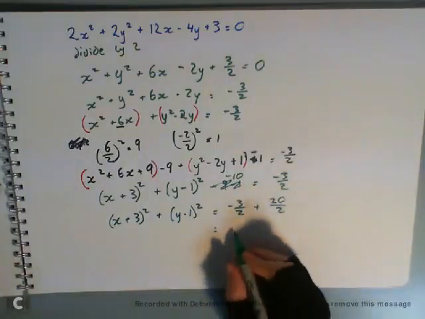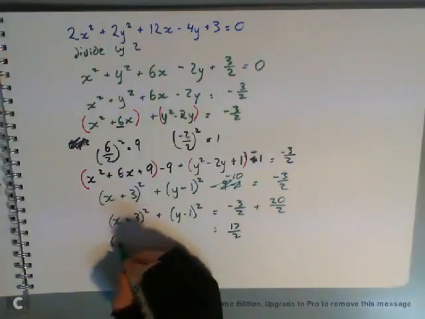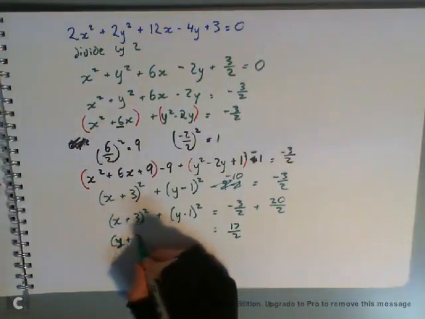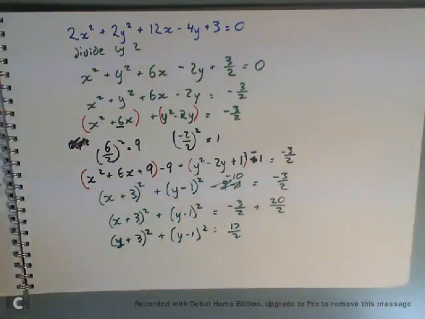Minus 3 plus 20 is 17 on 2. So there's my equation. X plus 3 squared plus y take 1 squared equals 17 on 2. It's not very nice, this fraction, but again, we can work with it, so it's okay. It just makes the numbers hard.